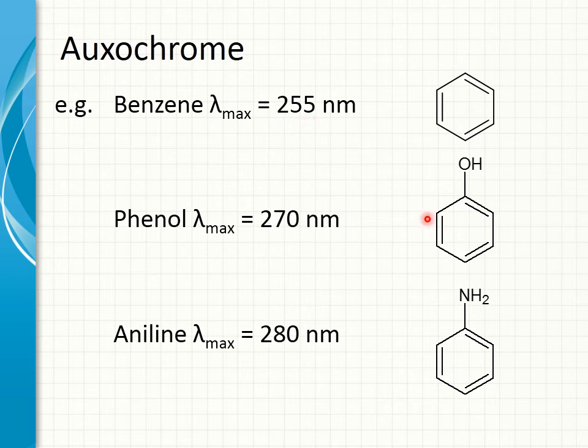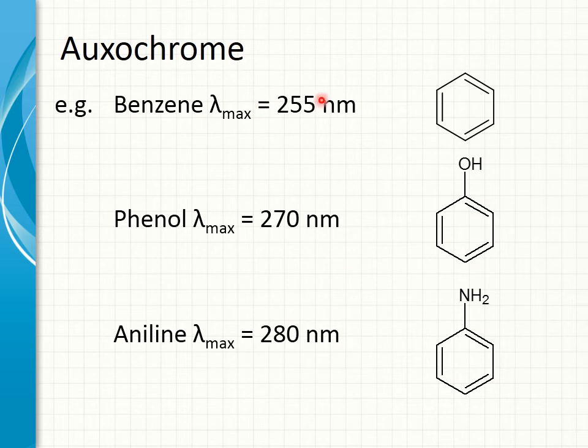This molecule shown here is aniline. It contains an amino group attached to it. So it further modifies the absorbance pattern of benzene, and now the maximum absorbance is at 280 nanometer. The wavelength at which a given substance shows maximum absorbance is called the absorption maxima.